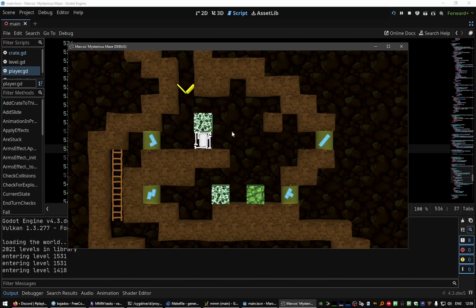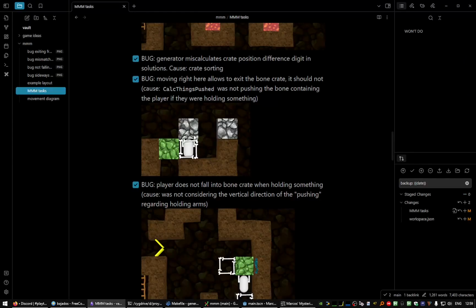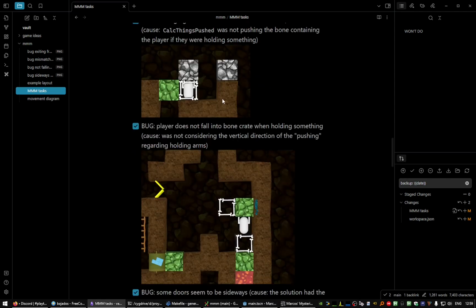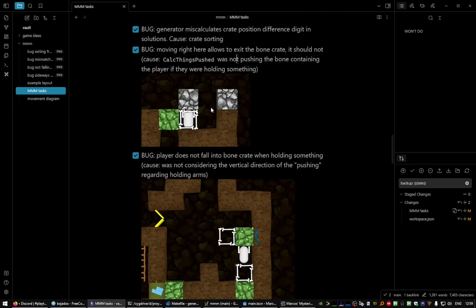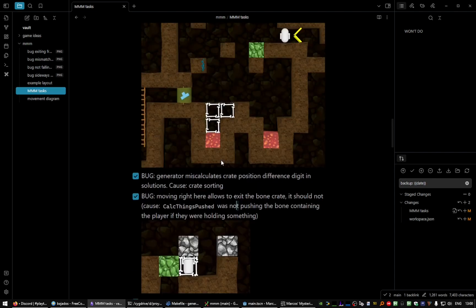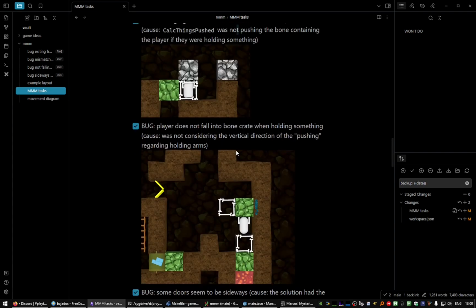This is fixed now, but in the situation of this bug, if I moved right here, the player moved and the bone crate remained there. So that's very tricky to figure out the solution, because I had to modify the several collision places in the code.